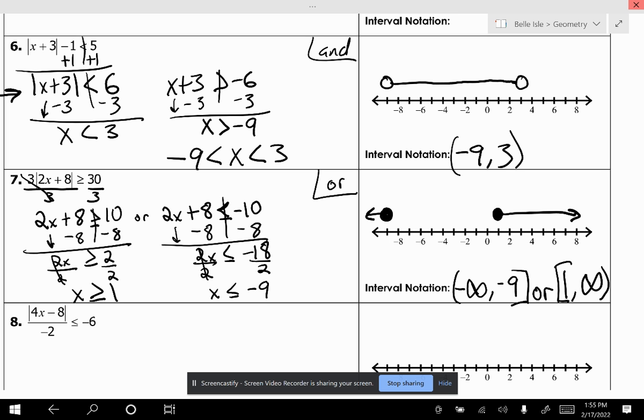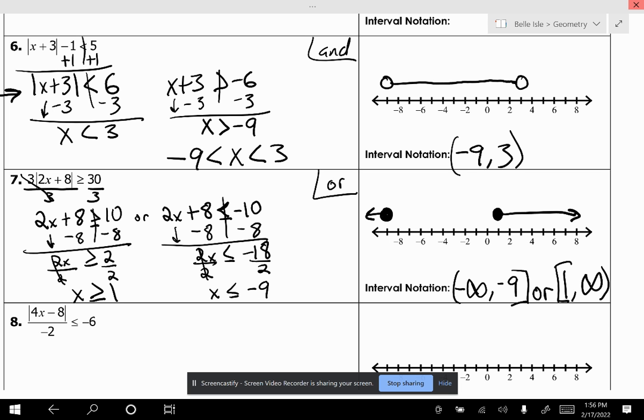Like your homework? After we finish these, I would like for you to do number 8 and number 10. Oh, number 8. Wait, I'm lost. Where'd that go?